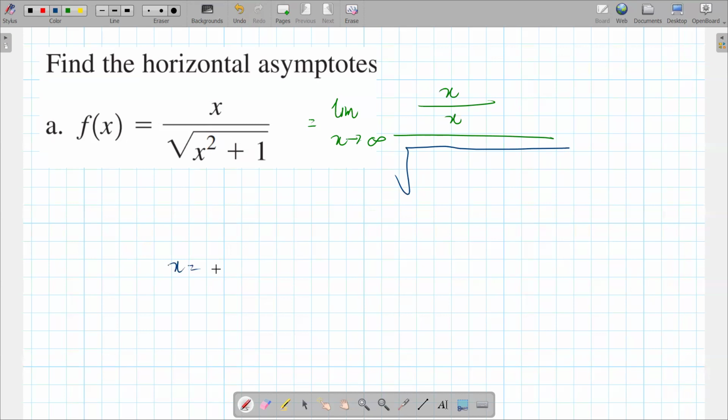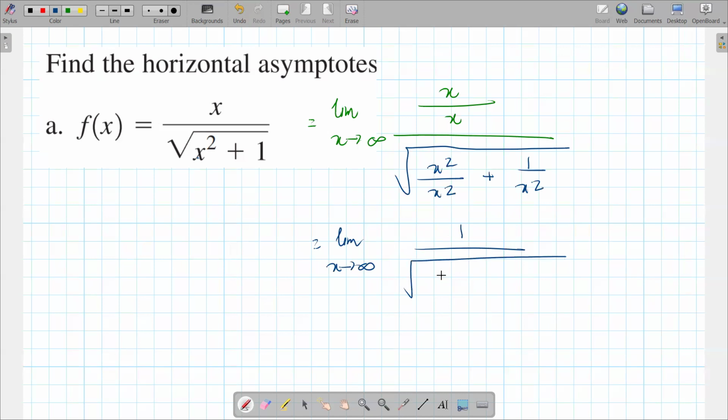because x is just the root of x squared, I'm going to divide both of these terms by x squared inside the root. Plus 1 over x squared inside the root. I'm allowed to do this because inside the root, x squared means the effective power is a 1. So then you have limit as x approaches infinity of 1 over square root of 1 plus 1 over x squared.